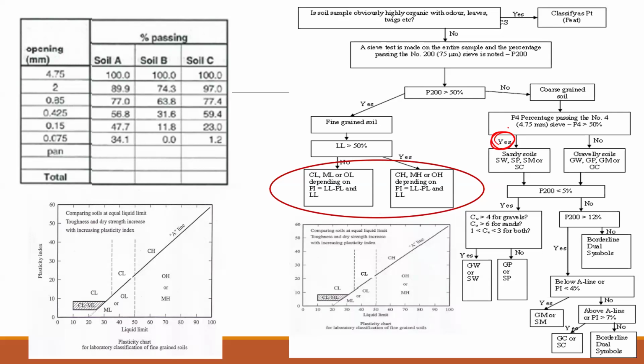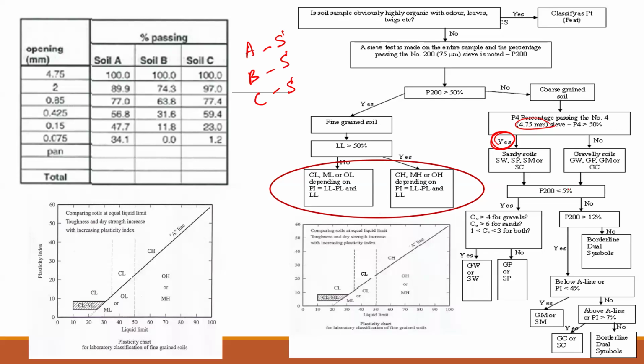So they are not gravelly. They don't have anything retained on the 4.75. See, 100% is passing from the 4.75. Now, the first letter for all three, A, B, and C, is S because they are sandy soils.